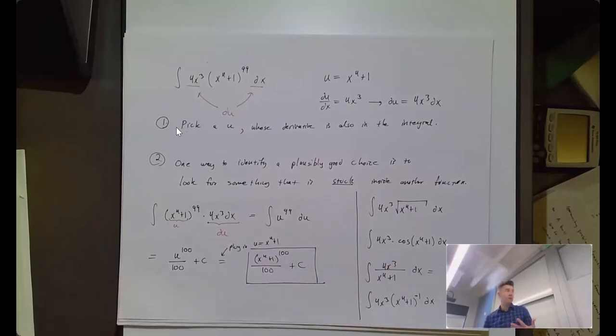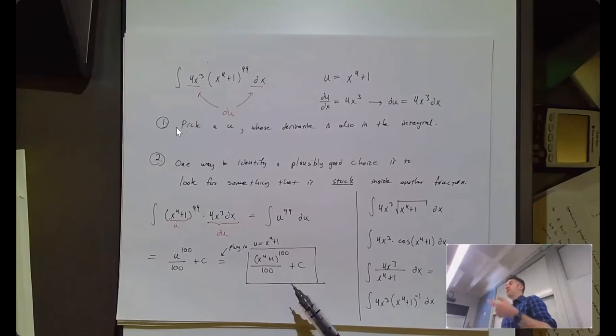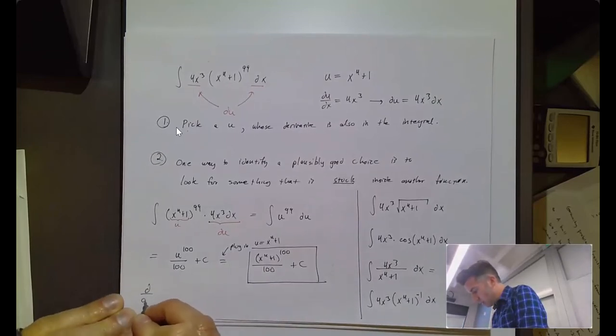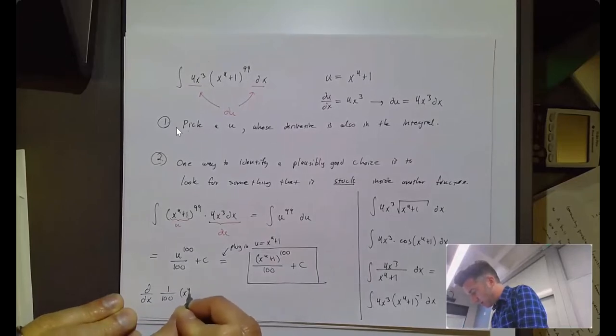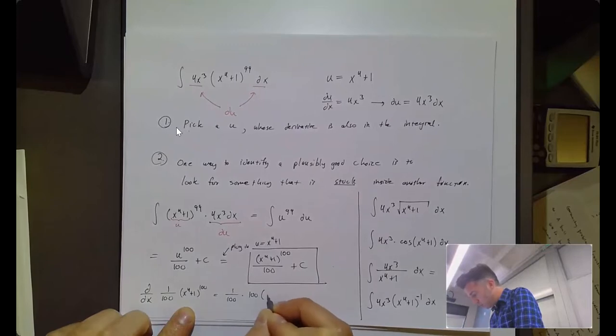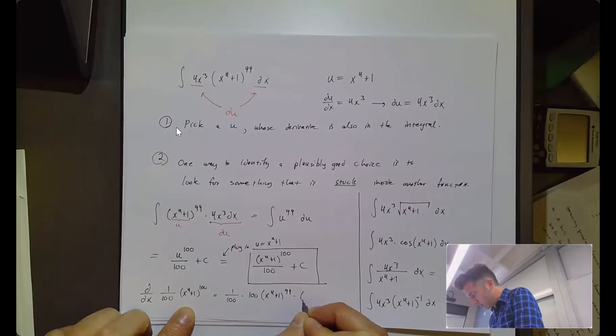And you'll notice that if we took the derivative of this, we essentially have some stuff to the 100th power, and the derivative is 100 times our stuff to the 99th times the derivative of the stuff. What I really want you to see here is that when you take the derivative, you get 1 over 100 times your stuff to the 99th power times the derivative of your stuff.